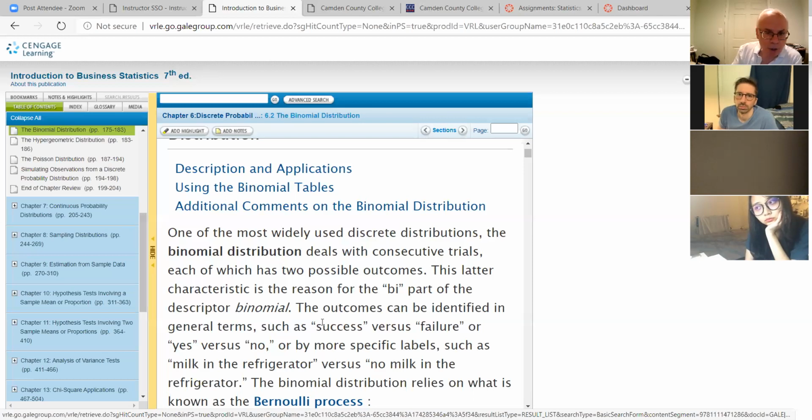Typically they use the letter X to represent the random variable, which is the number of successes, and n is the number of trials. So if I have 10 trials in a binomial, the random variable goes from 0 to 10. 0, 1, 2, 3, all the way up to 10. Why? Because you can have 0 successes up to 10 successes, because there are 10 trials. Make sense?